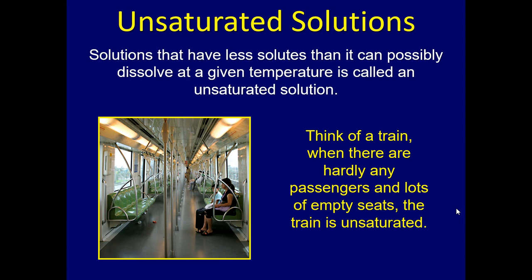I like to think of an analogy of trains to explain how this works, and I think that makes it very easy to understand. If you have a train with only a few passengers, so that there are a lot more available seats and a lot more people could fit on that train, that would be an unsaturated train, or in our case, an unsaturated solution. You could dissolve a whole lot more solute in that solution when it's unsaturated.